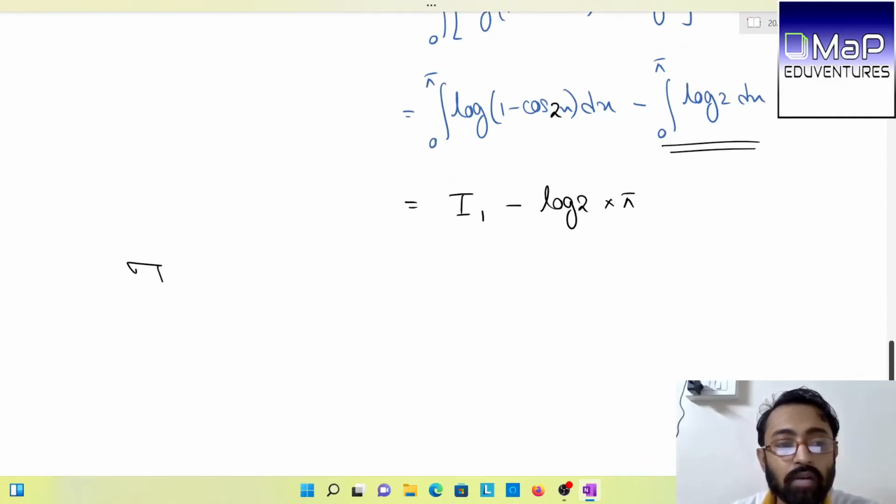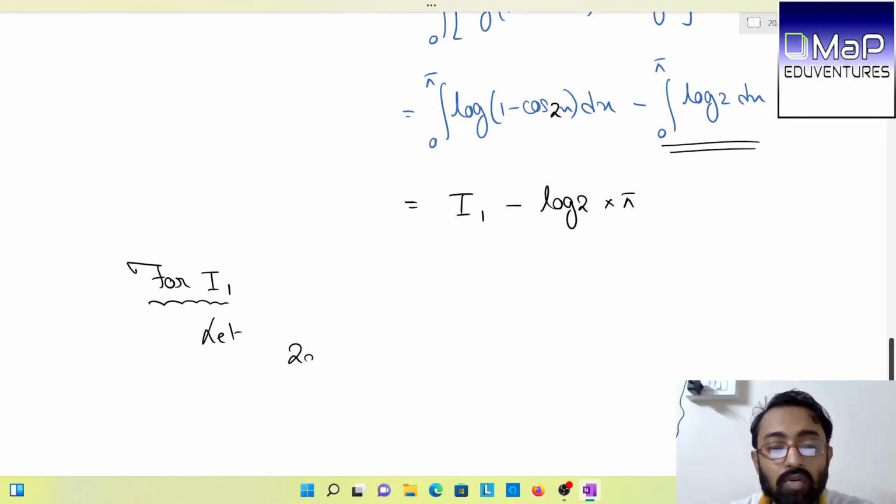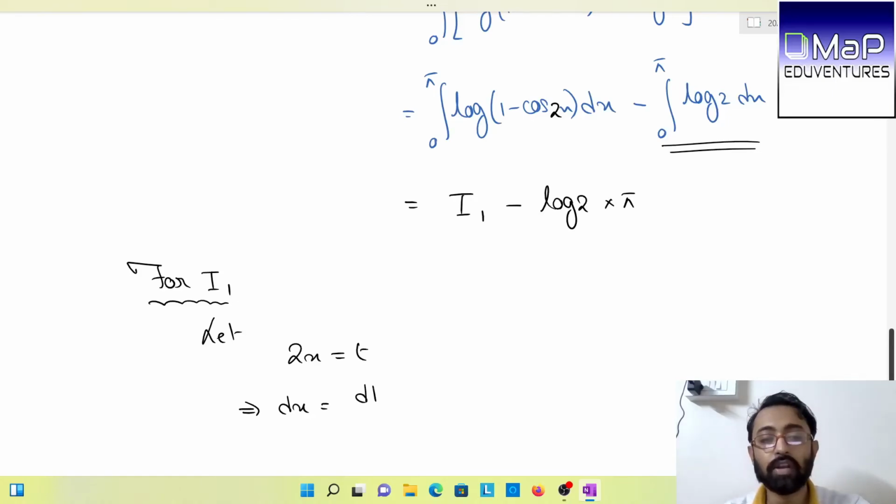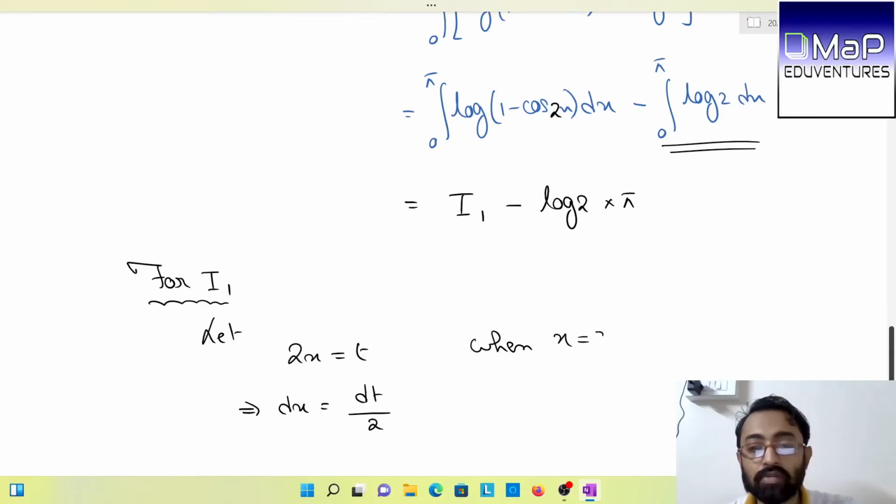So for I1, let twice x equals to t. So differentiating we will have dx equals to dt by 2. Okay, so when we have to substitute the limit, when x equals to 0, t equals to 0, when x equals to pi, t equals to twice pi.